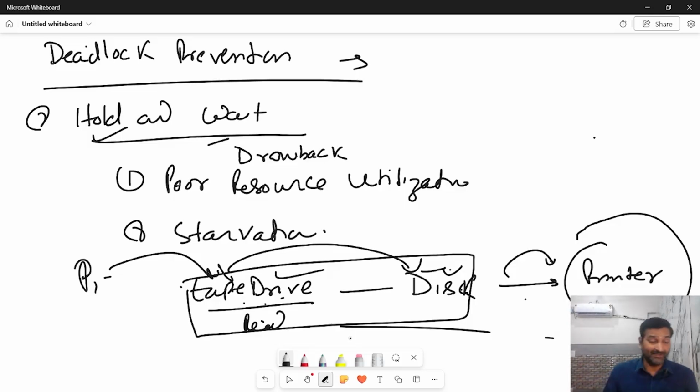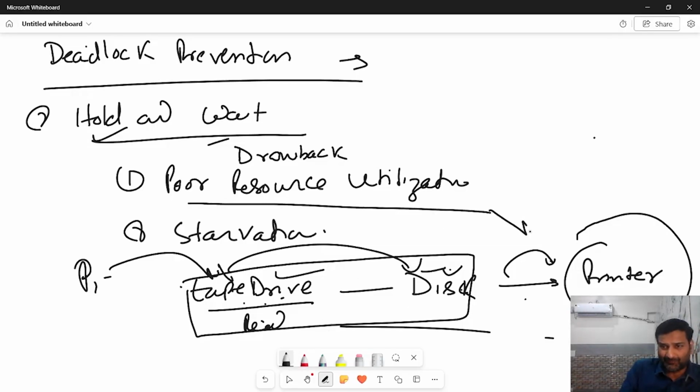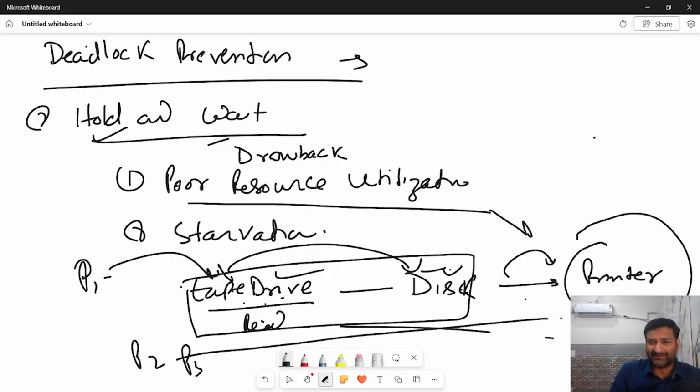Now, starvation. If this situation leads to poor resource utilization, then if processes P2 and P3 need the printer currently held by P1, they may starve.